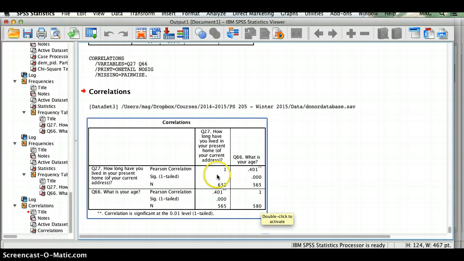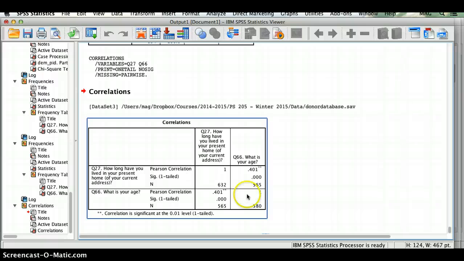So this cell here, which I'm pointing to with the cursor, that's Q27 related to Q27. This cell here is Q66 related to Q66. So those are perfect correlations. It's a very strong relationship just because they're the same exact variable. We have a correlation of 1.